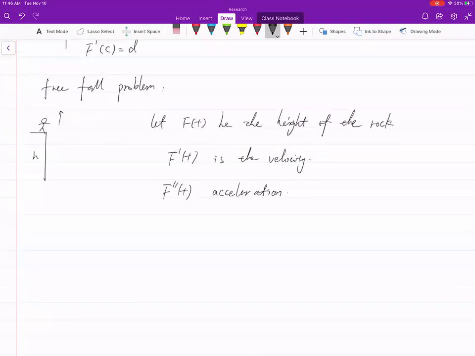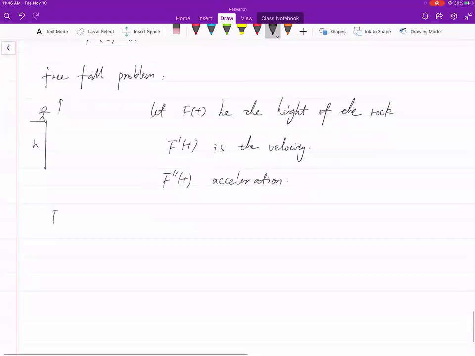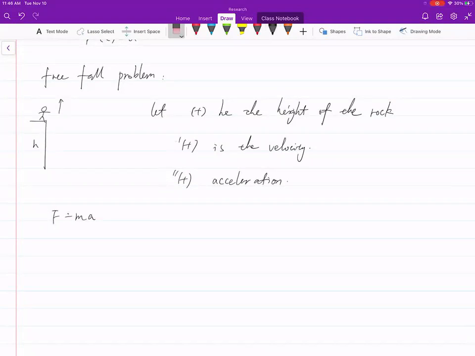Good so far? Newton's second law, F equals ma. You already know the x. Why do I use f? Let's use h. F equals ma.